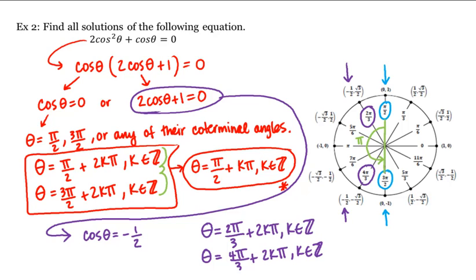And since these solutions are not pi units away from each other, we cannot consolidate them. And therefore, the solution to our original equation are all of these angles here, as well as all of these angles here.